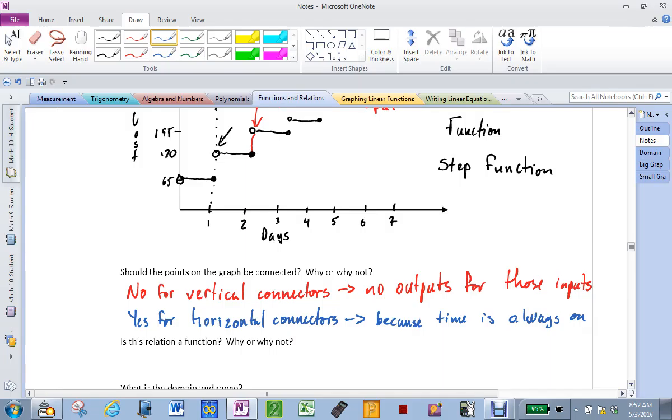Now, let me ask you this. If time is always on, then wouldn't Alon's paycheck be a continuous line? What do you get paid now, Alon? Minimum wage. Which is what? I don't know. I haven't worked minimum wage since I was your age. 10.45?